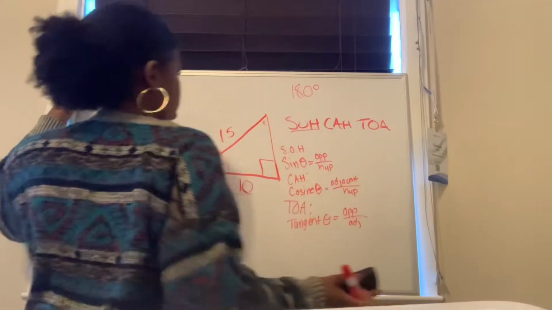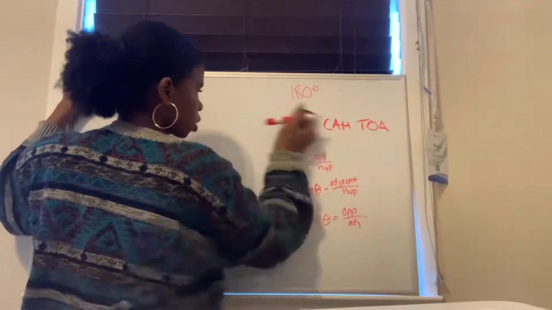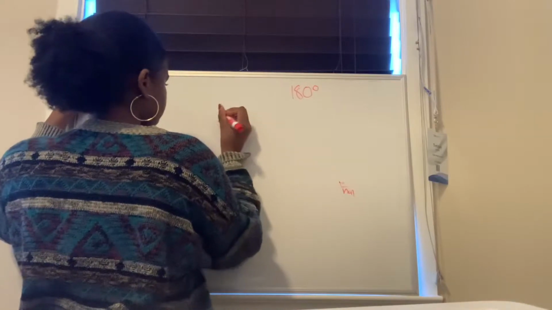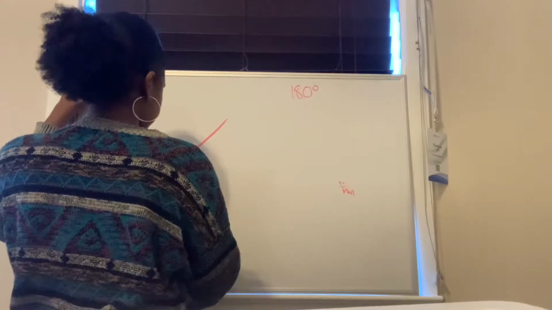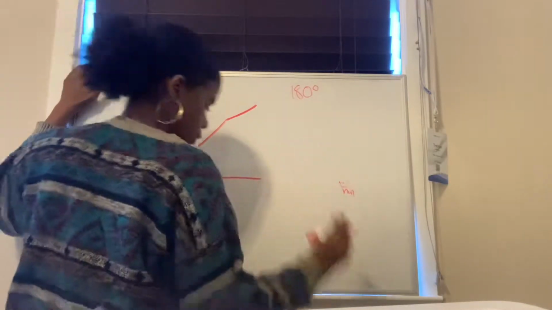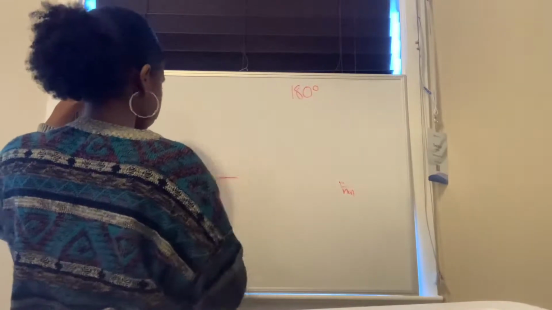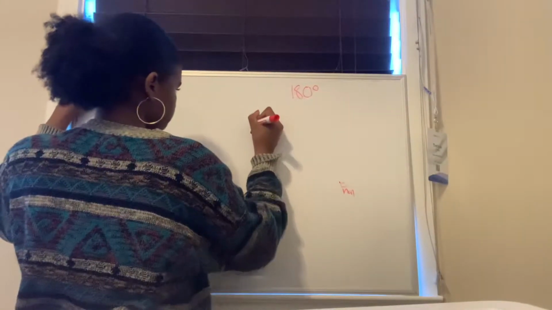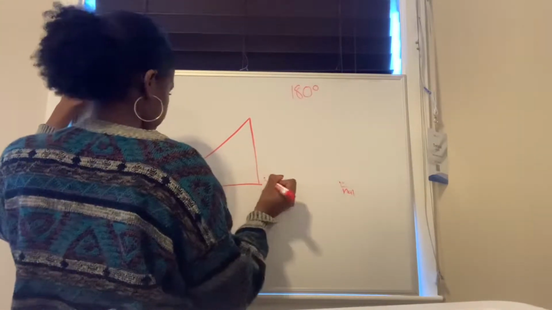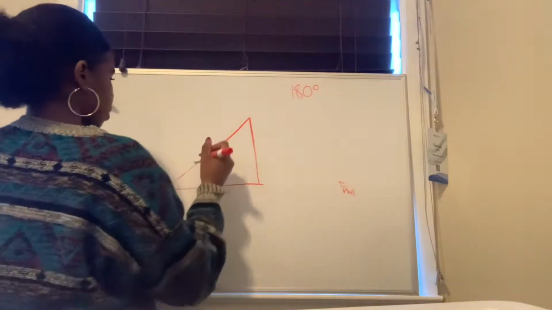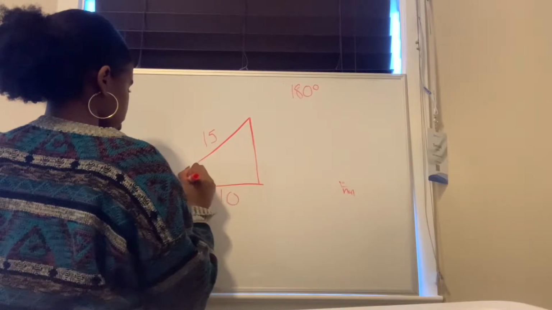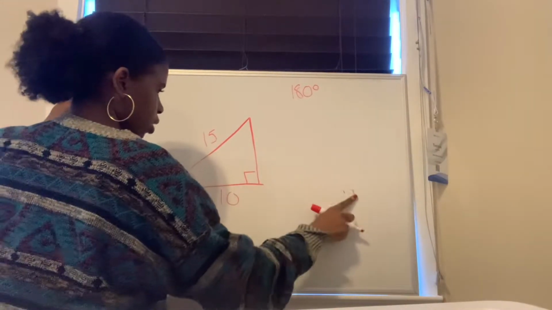And I'll just go ahead and make everything bigger. I'm not sure if I really made that bigger. What I have right here, 15. I had 10 here. And we don't know what theta is, but we want to find theta.